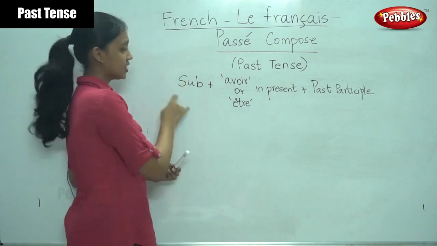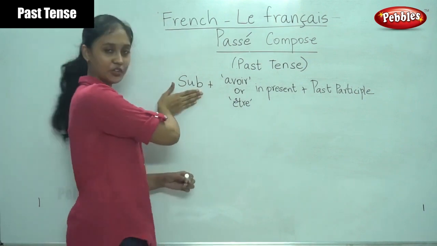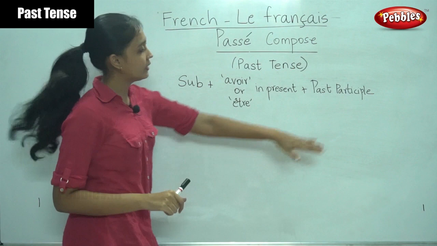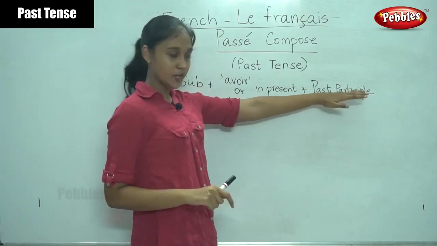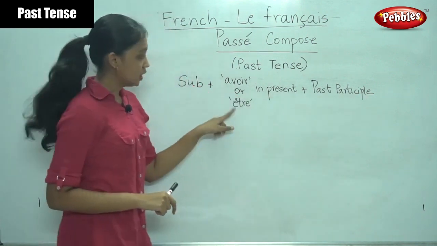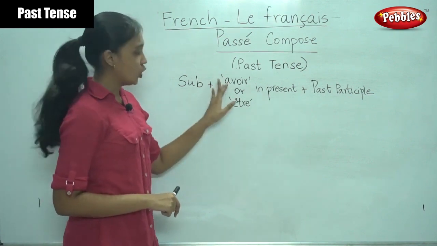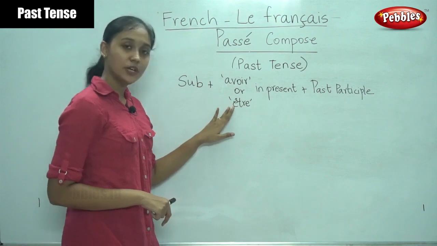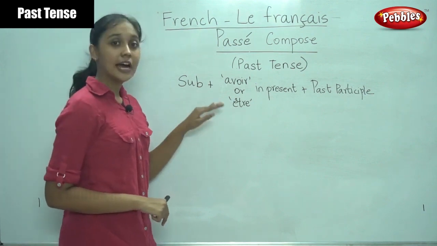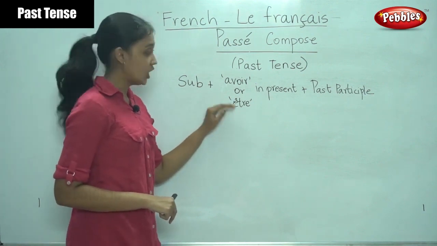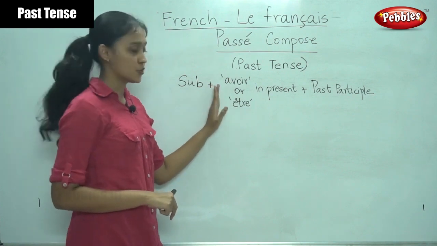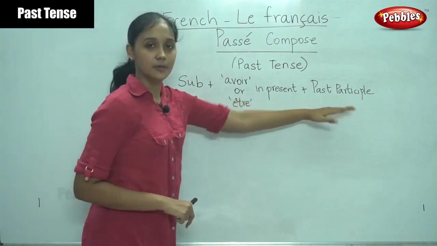Now the subject is not a problem for us. We are just going to write it as it is. We have learned how to write the past participle of the verb. Here we have to write the avoir or être conjugation in the present tense. We know the avoir conjugation, we know the être conjugation. Now the problem lies in choosing which of these two verbs are suitable for which verb.